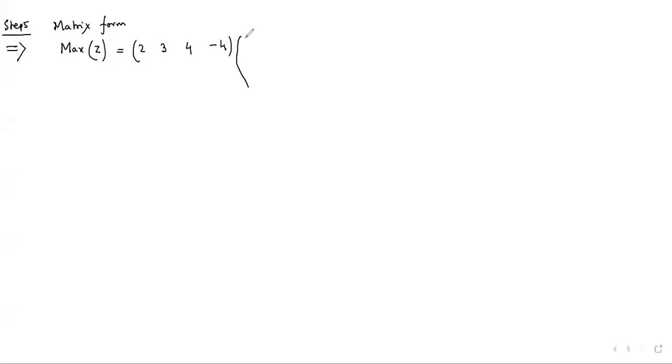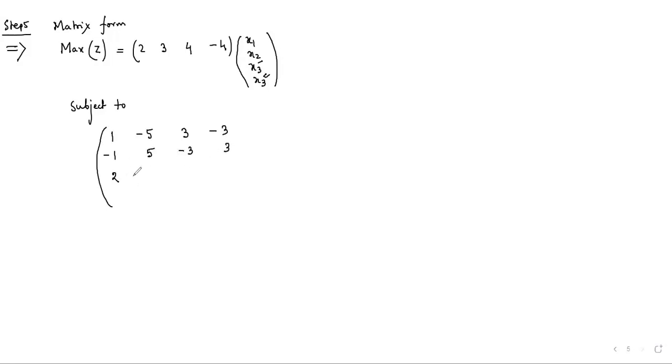How many variables are there? x1, x2, x3 prime, x3 double prime, subject to 1, minus 5, 3, minus 3, minus 1, 5, minus 3, 3.